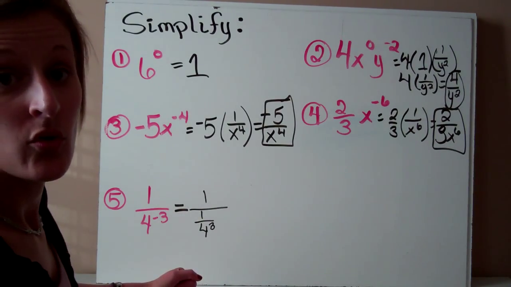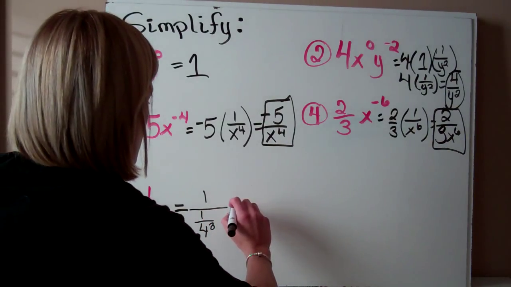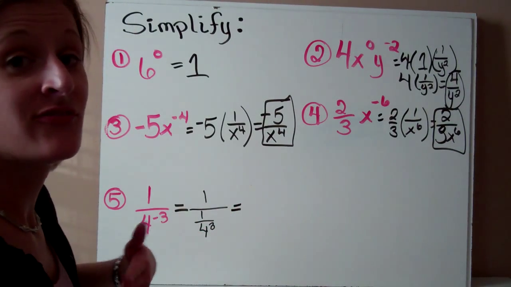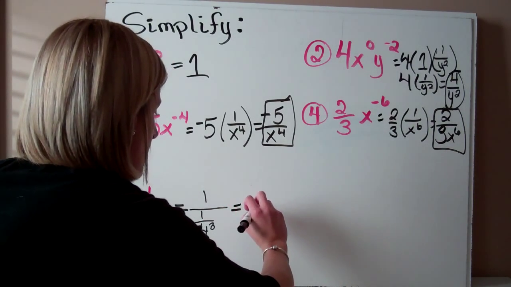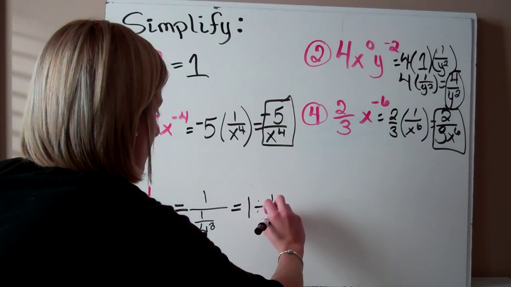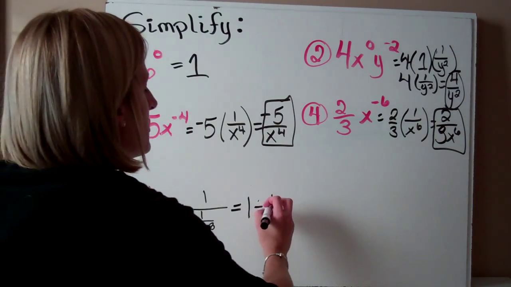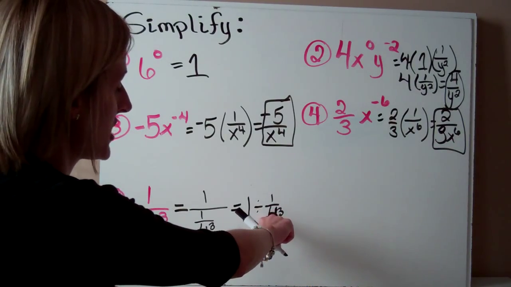Now I need to do 1 divided by 1 over 4 to the 3rd power. Remember, when we're dividing fractions, this is like 1 over 1, so you go 1 divided by 1 over 4 to the 3rd. Remember, what you need to do is keep, change, change.